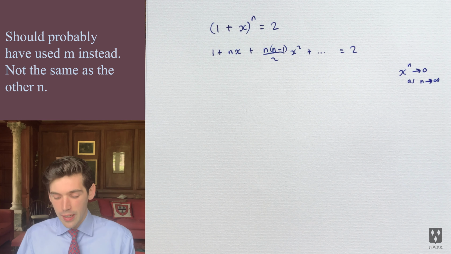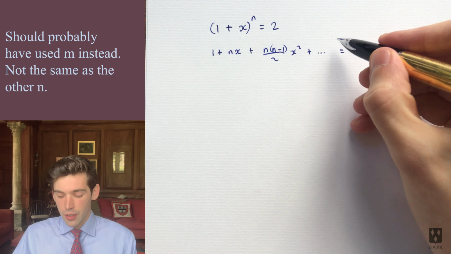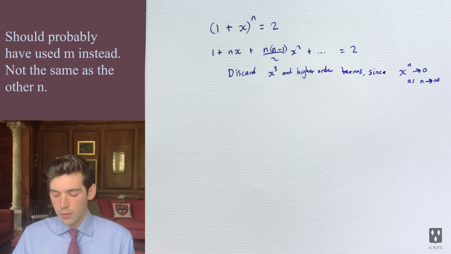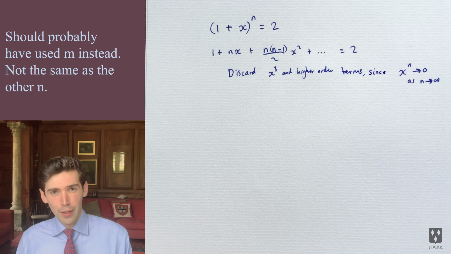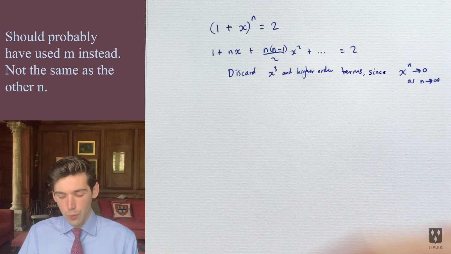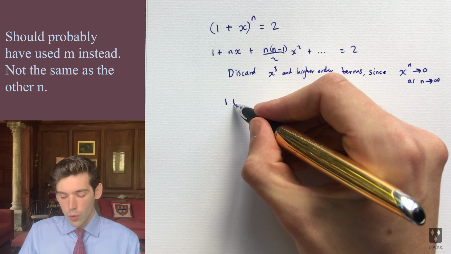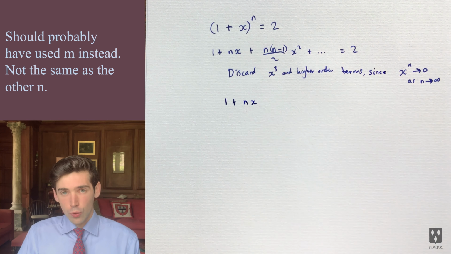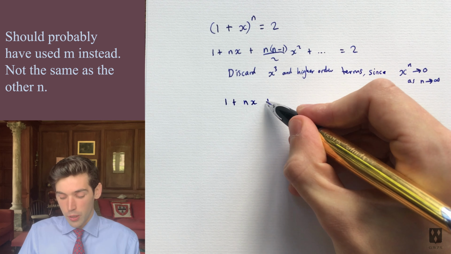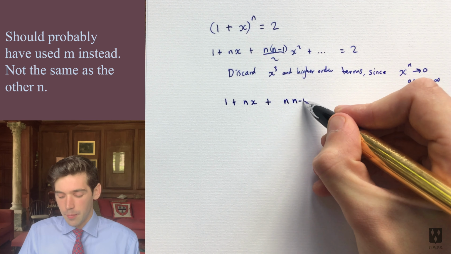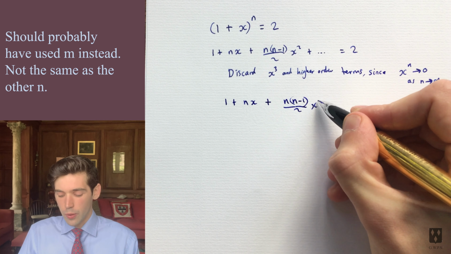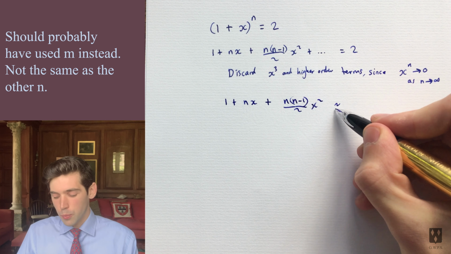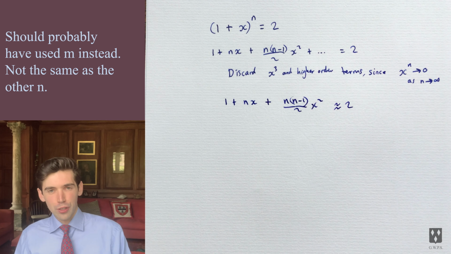And so when we do that, we discard these terms here. So we can say this. What we're left with is an equation that is much more manageable in terms of the algebra. So we have n times (n minus 1) over 2 x squared. And instead of saying equals, I'll put an approximate sign because it's not exact.